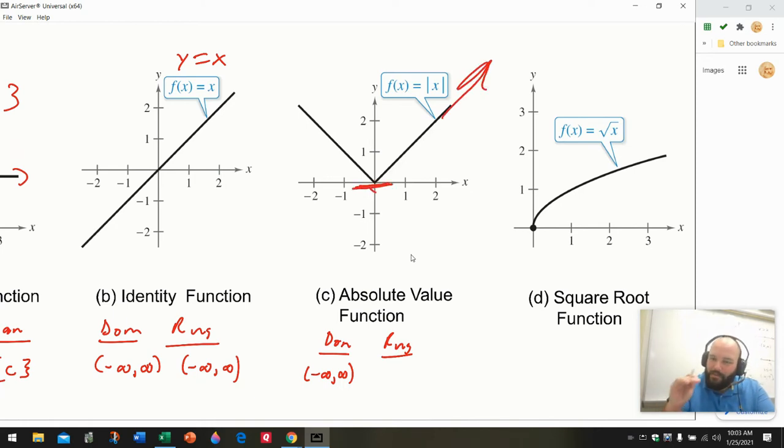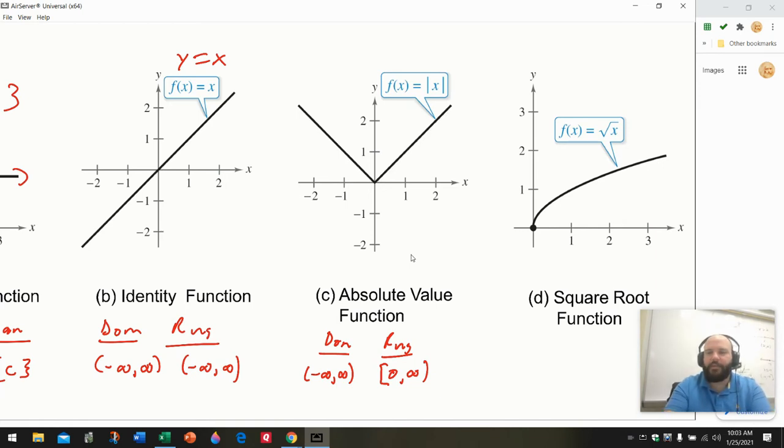The minimum value that will come out of that graph is 0, and then it goes on to positive infinity. The 0 has a bracket because we can get the number 0 out of the function. If I plug the number 0 in, the output I would get would be 0. So it does reach 0, it just doesn't go any lower. So it is a bracket.